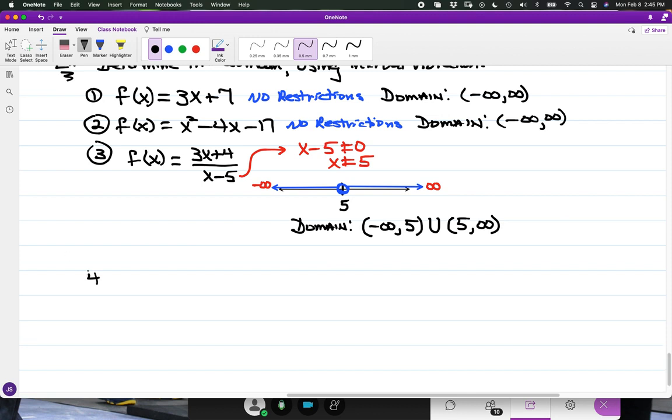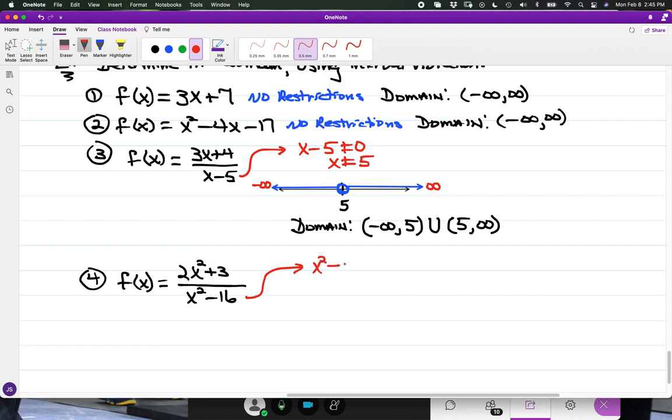And if we have f of x is equal to 2x squared plus 3 all over x squared minus 16, again we have another rational function, and this time we're still disallowing the denominator from becoming 0 in value.